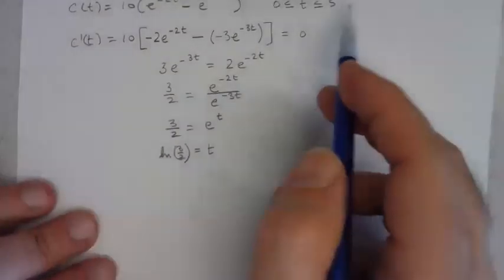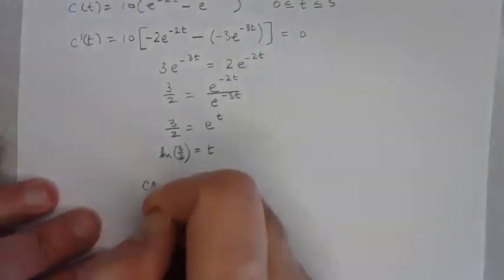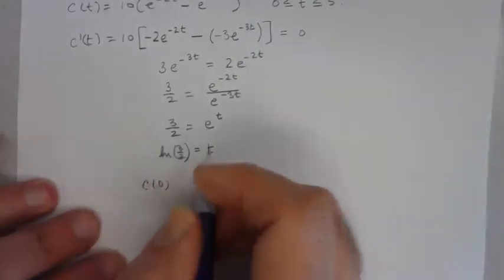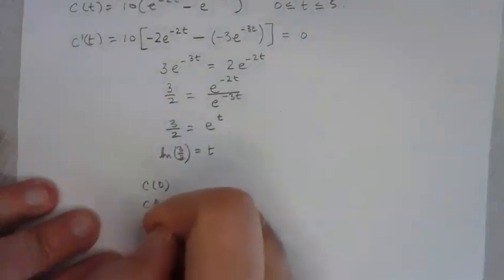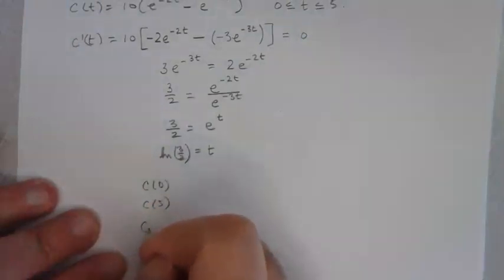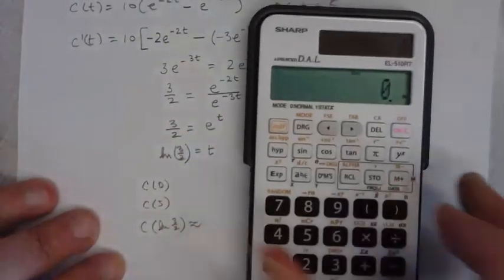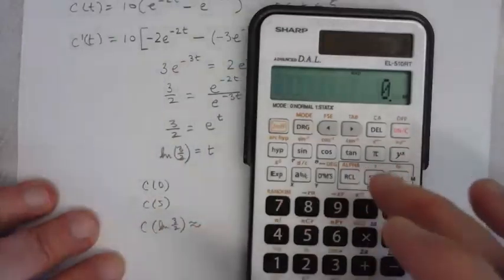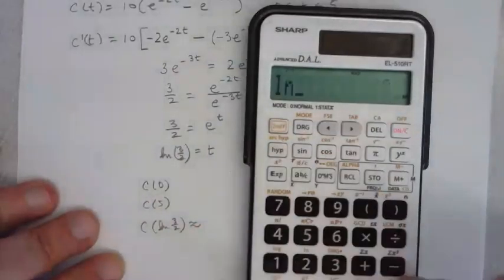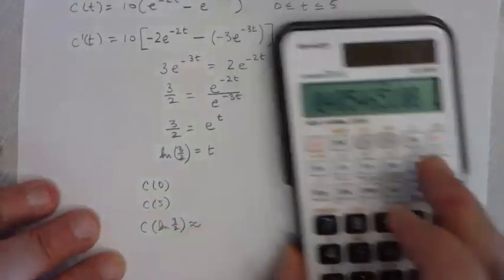Since it is a closed interval, I can just calculate C at 0 and C at 5, the endpoints, and then calculate C at ln of 3/2, which I'm not even going to bother putting in. I'm just going to calculate what that is. So ln of 3/2 is about 0.405.